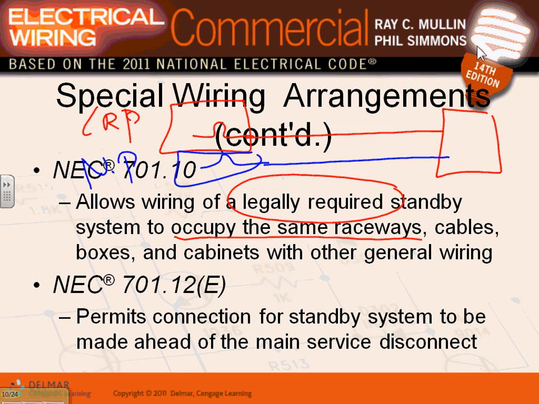I can put these in the same conduit, and they're coming to the same light, or to something else. This is my light. Like you just said, I have one bulb, two bulbs, three bulbs. One of them is a legally required standby bulb, and the other two are normal bulbs. I can put them in the same conduit. That's a major difference between legally required and emergency.